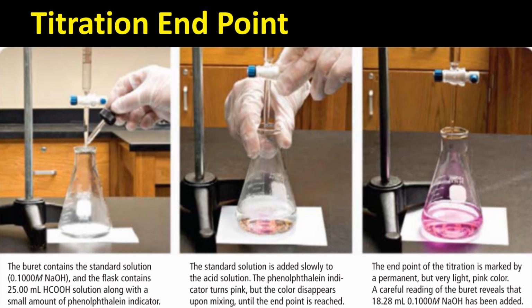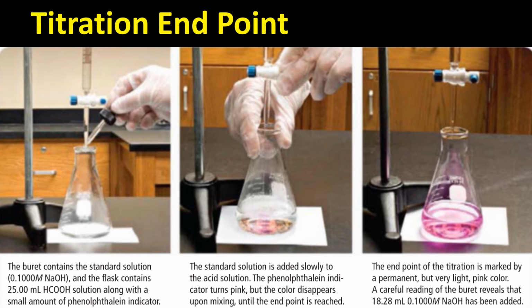So as you add that, what you're going to see is a little bit of pink color show up, but if you swirl that flask, that pink color goes away because you're not quite at the endpoint yet. The reason the pink shows up is because locally where the base hits, it becomes more basic in that local region, but as you swirl it and mix it up, that averages out, and it's not quite to where it needs to be yet.